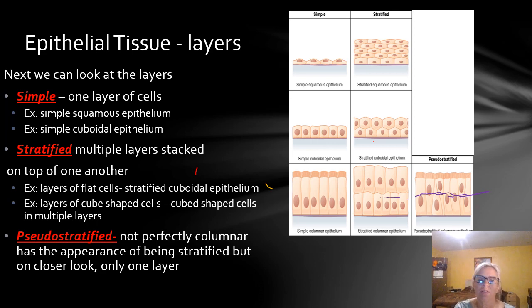But if you look closely, you can see that there is no dividing line. There is no bottom there. It is truly only one layer. It's just that the nuclei are very random. So you have to look and see, does the cell go all the way down to the bottom? All right. So this would be pseudostratified because it looks stratified upon first appearance, but it's not truly stratified.